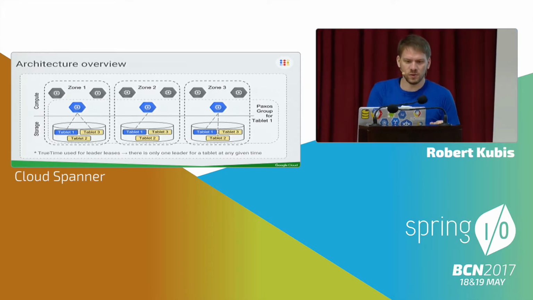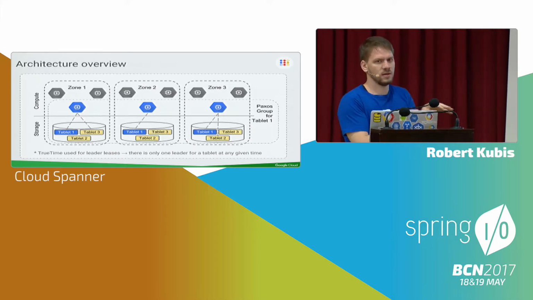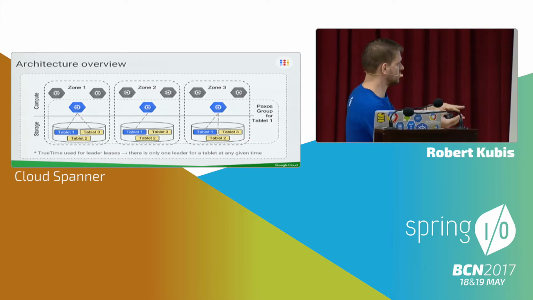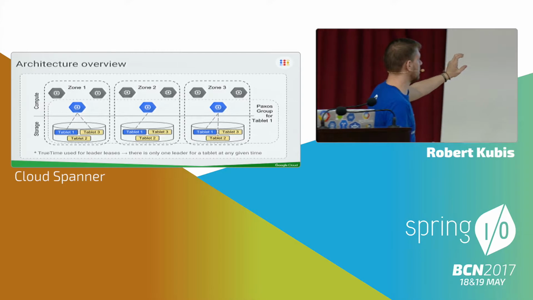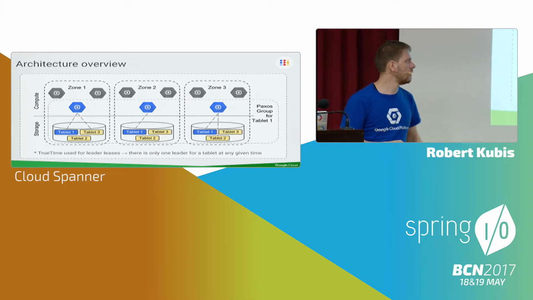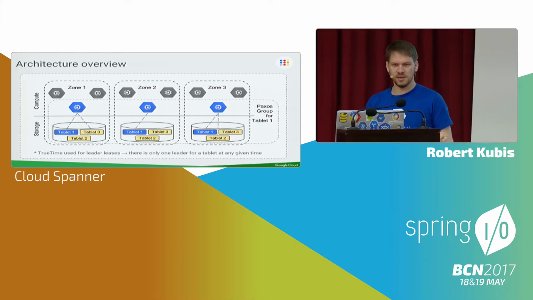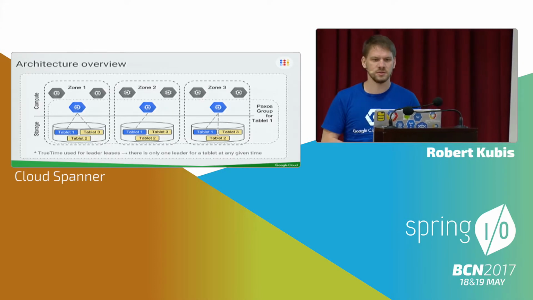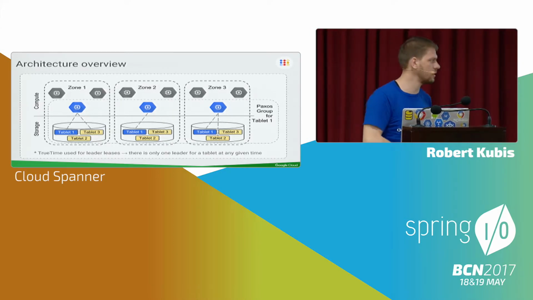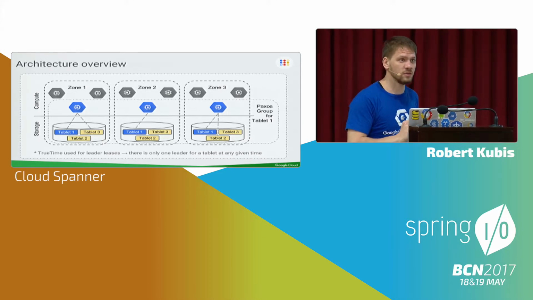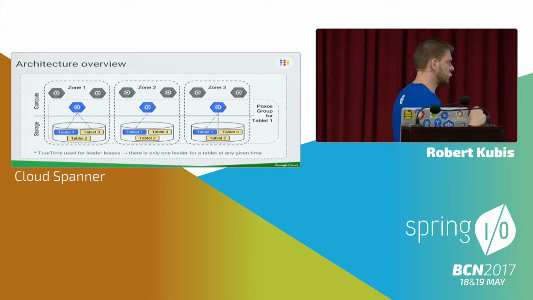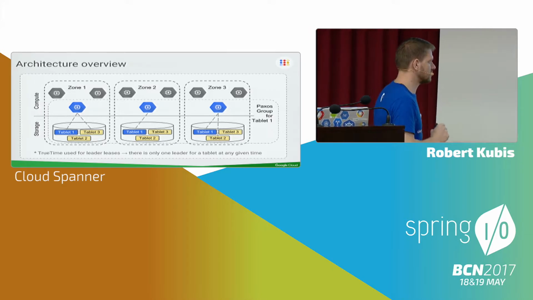The tablet, what you see here, is replicated in these three zones, so it has exactly the same splits in them. With Paxos, we use consensus to select the leader, and we have two followers and a leader.